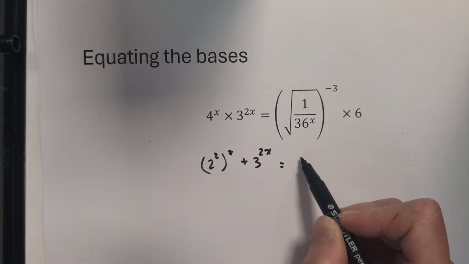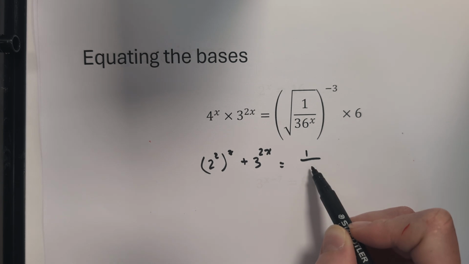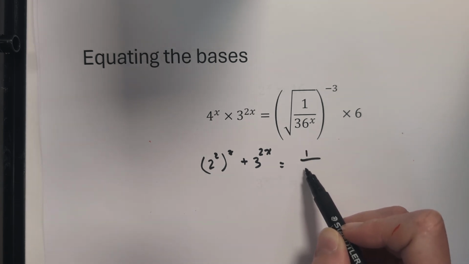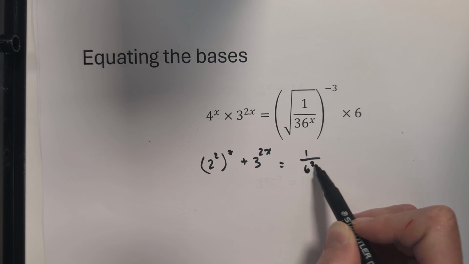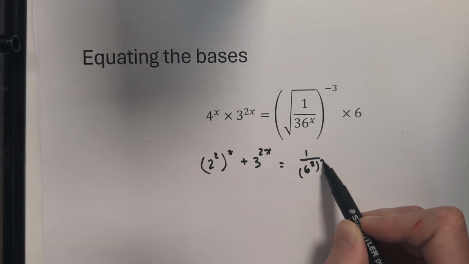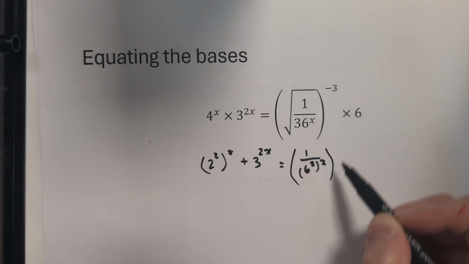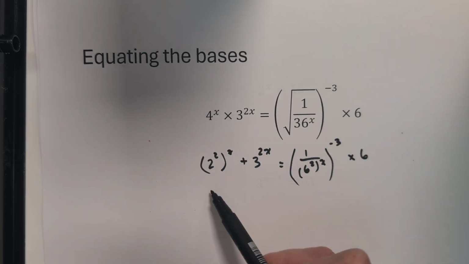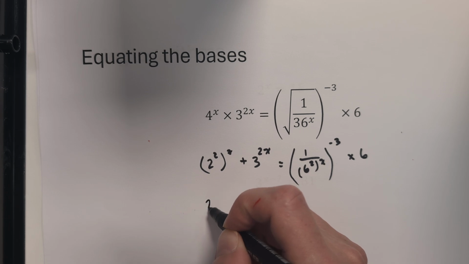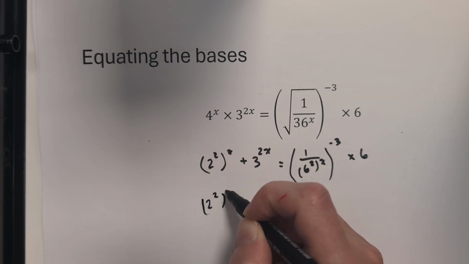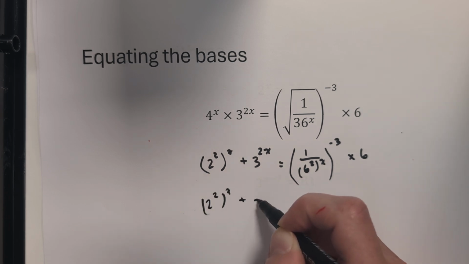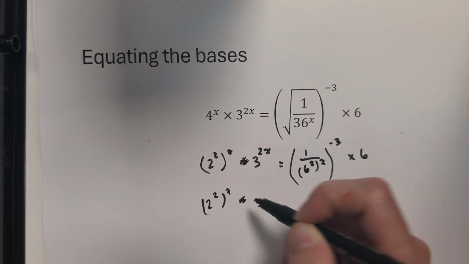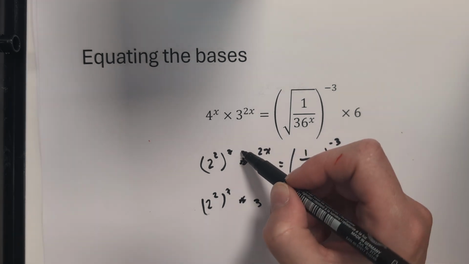This, I'm going to go somewhat slowly here. 1 over... how about I get to 6s first, just to take it step by step. 6 squared to the x, times 6, to the x plus 3. Oh, this is a times. Oh, that wouldn't have been possible. Don't do what I do. Please make sure that your stuff is very clear.